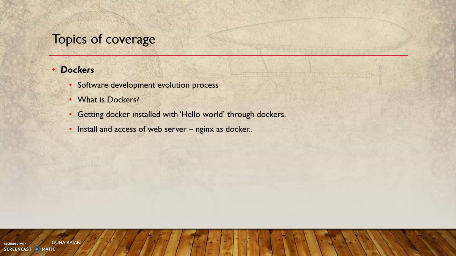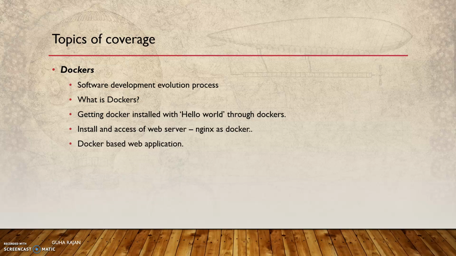And we'll be going into the first program with Dockers, which is naturally the Hello World program. And then we'll be working with images and containers, which is all about Dockers, and we'll be installing one of the open source web servers, Nginx. We'll be downloading the Nginx image, installing it and accessing it from the browser.